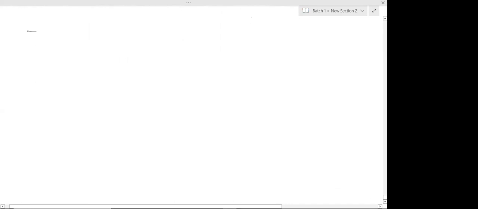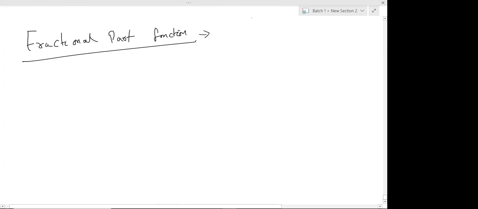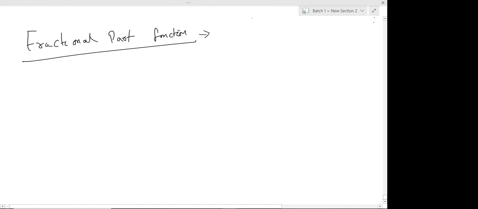Yes, sir. The third one is the fractional part function. So the greatest integer function is also known as the step up function, because the graph looks like stairs, like steps.